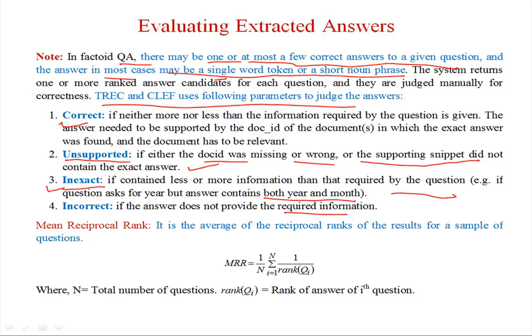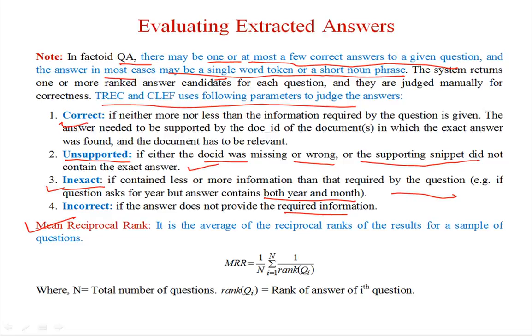The other measurement unit is mean reciprocal rank. Several times in machine generated answers, we see a ranked list of answers similar to the search engine generated pages. A search engine generally generates a ranked list of URLs for any search keywords.